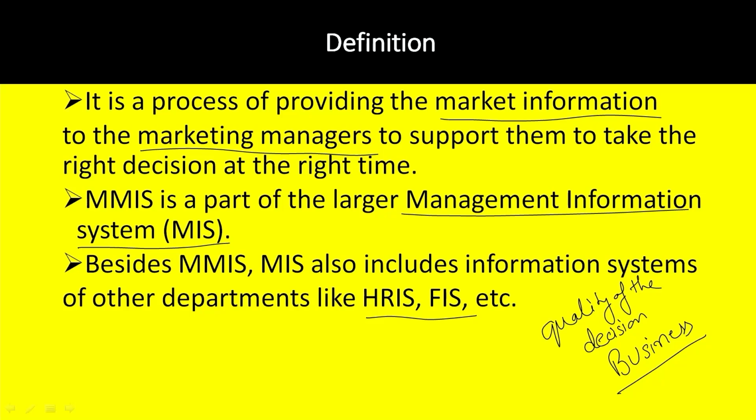For example, the marketing department is dependent on the availability of trained human resource to do its activities. So, it is the HRIS, the human resource information system, which provides consolidated information in the form of reports to the marketing department about the availability or non-availability of certain types of human resource which the company is actually having or not having.